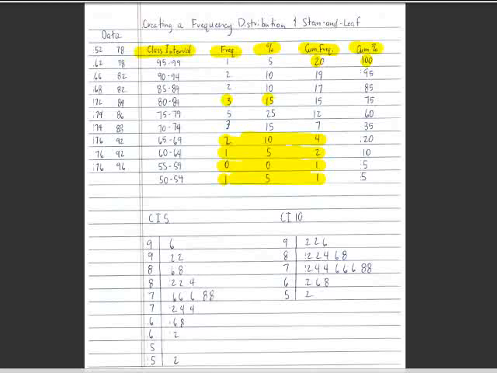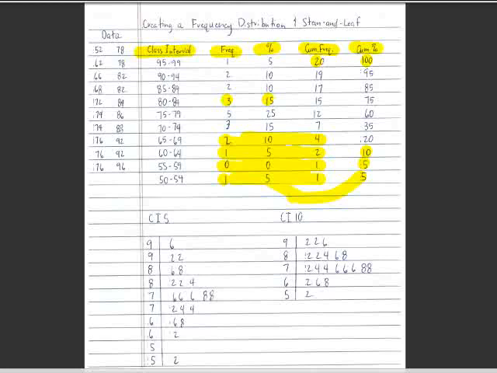Check my math, make sure that's done correctly. Now let's talk about the cumulative percent column. Same thing is true. Bring the 5 over. So 5% of the scores are in that lowest class interval. 5 plus the percent in the class interval above it is 5 plus 0 is equal to 5. That 5 plus the 5% in the class interval above it, so 5 plus 5 is 10.